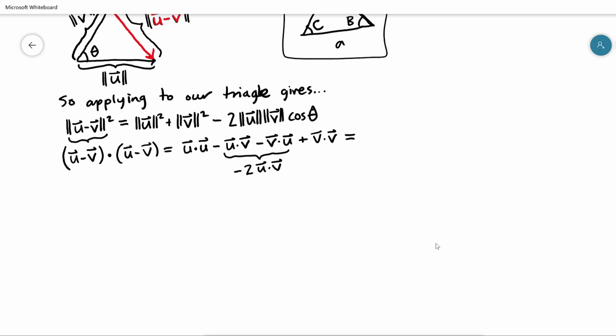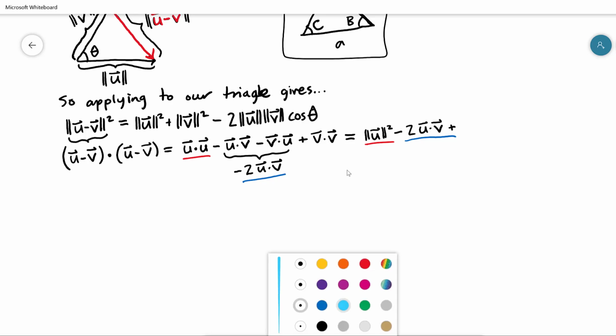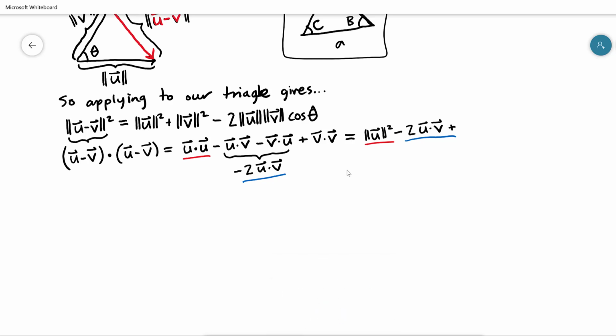Here's u dotted with itself, so that's really the magnitude of u squared. I've still got my minus 2u dot v, and then I've also got my plus. Let's make it totally clear. This piece became this piece. This piece became this piece. And let's do green.